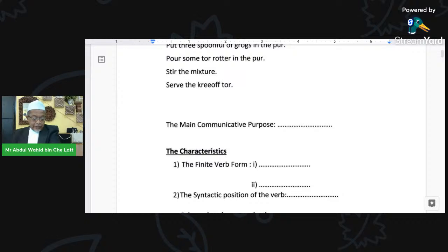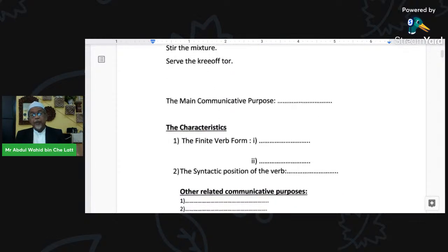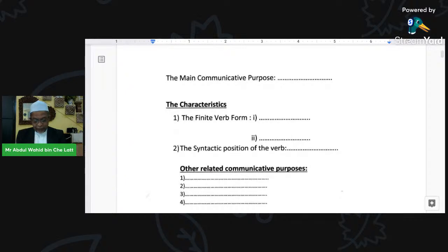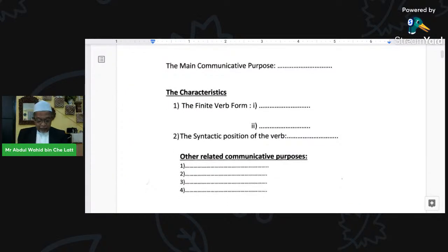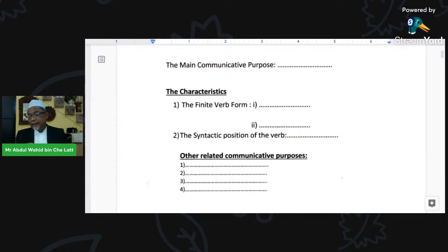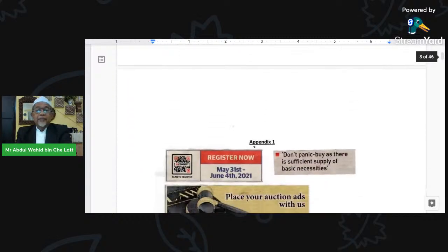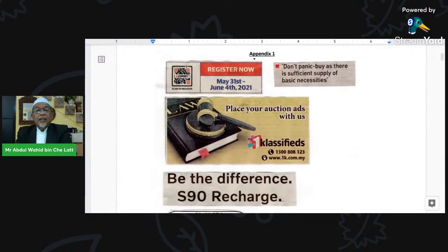Okay, ladies and gentlemen, to reinforce the above concept and prove that the criteria communicate an instruction, let us look at Appendix 1. Okay, look at register now.